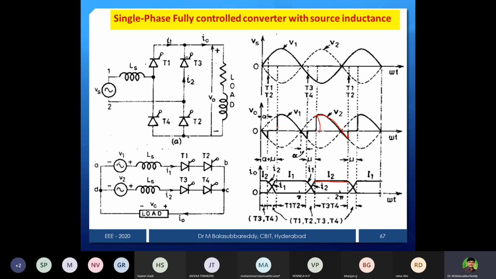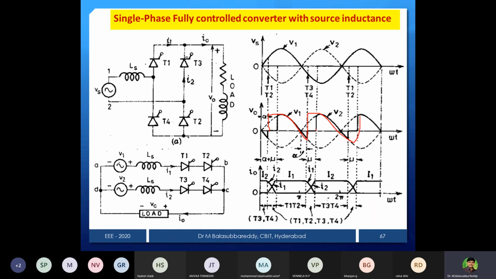Now compare this waveform with the RL load waveform. In the case of the RL load, the voltage waveform starts at alpha, and the waveform will be like this.